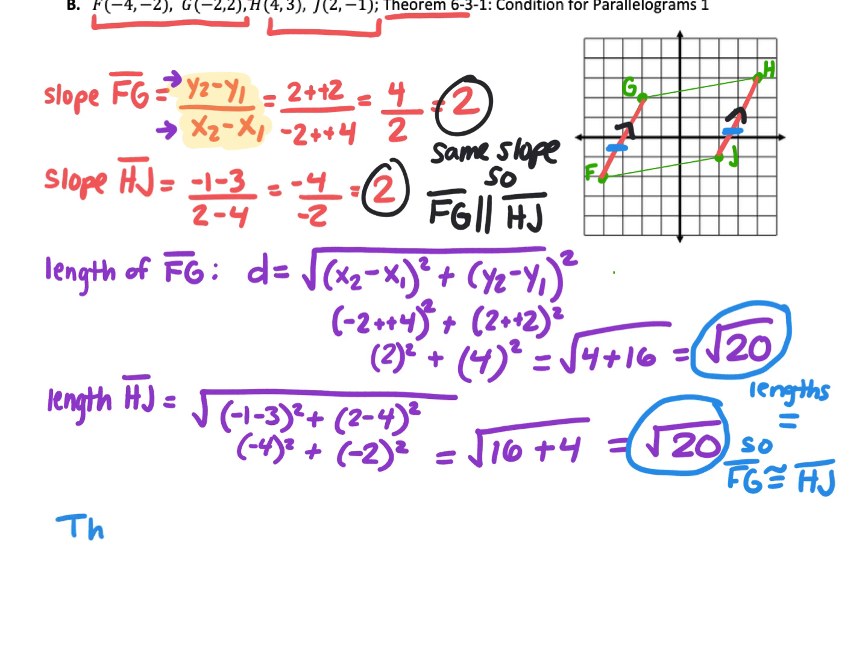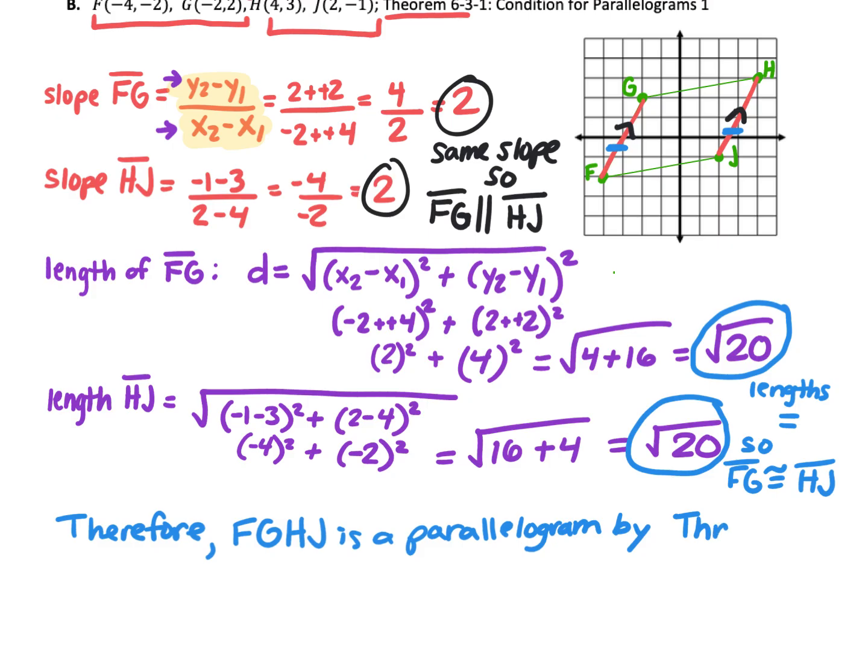And therefore, FGHJ is a parallelogram by, and then if you look at the theorems, it is theorem 6-3-1. That is, we have one pair of sides, opposite sides, that are both congruent and parallel.